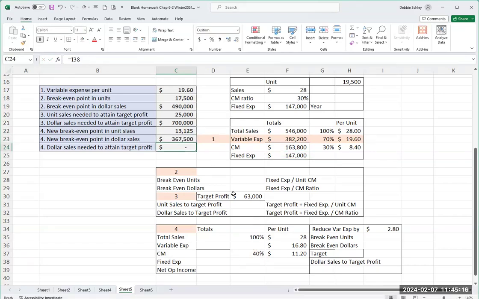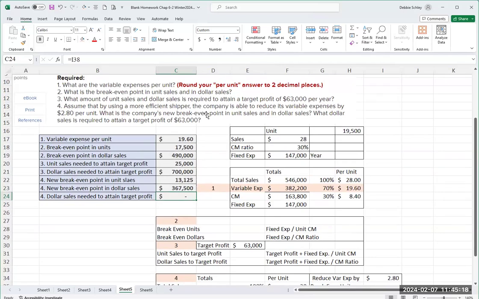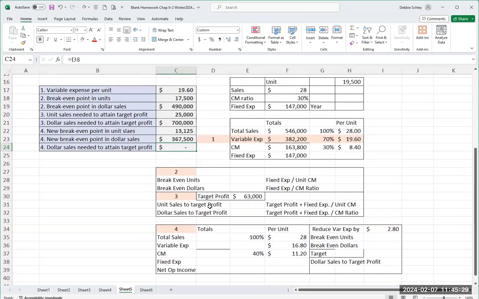Okay. Now, the last one, what dollar sales is required to attain a target profit of 63,000? So again, that's going to be equal to, open parentheses, that's $63,000 target profit plus the fixed expense, because that's what we need to cover now, and that is dollar sales.